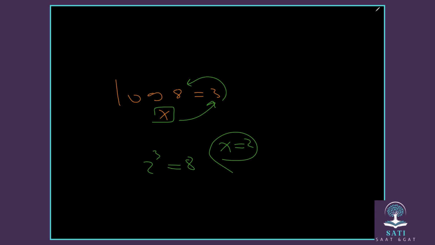Now, if we write it as its parent function, look, it is y equals b power x. This is when it is exponential, if you remember.